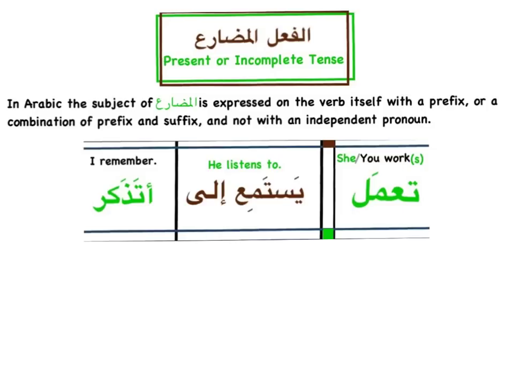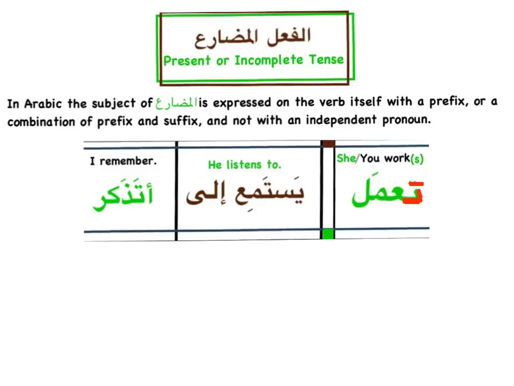We can say it without using the independent pronoun, because here we have the prefix ta, and it means you or she. So أنت تعمل, هي تعمل. For يستمع إلى, we should know from the prefix ya that it means he listens to. هو يستمع إلى.